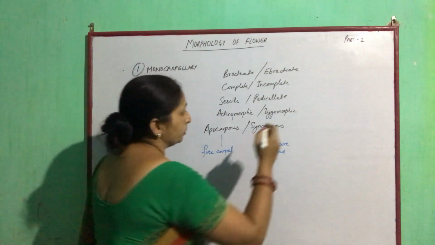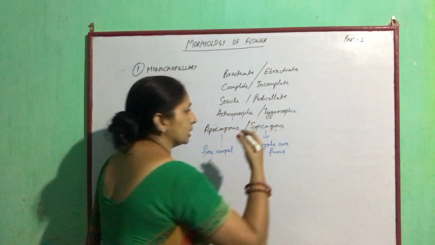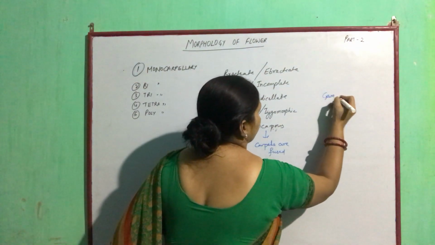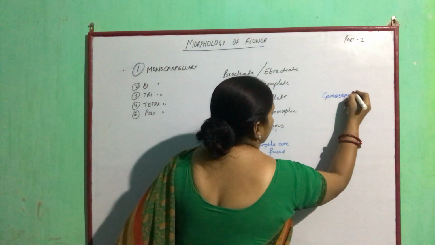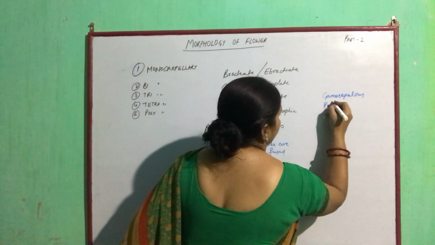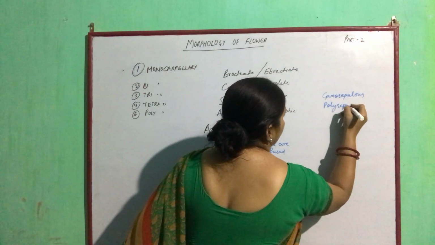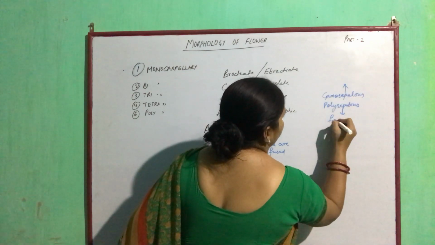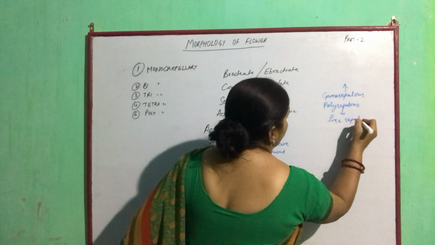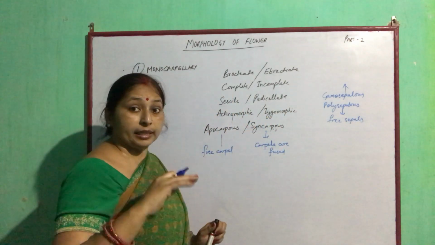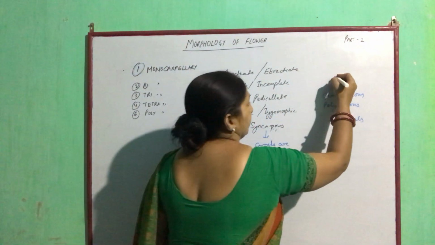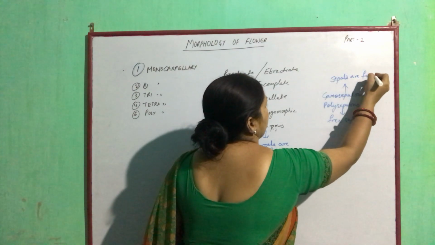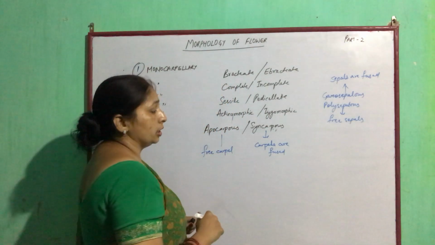One more term I have skipped, which I have explained in class 9 videos, but still, gamosepalous, polysepalous. Free sepals. If the sepals are not attached with each other, then it is polysepalous condition. If the sepals are fused or attached with each other, then it is gamosepalous condition.